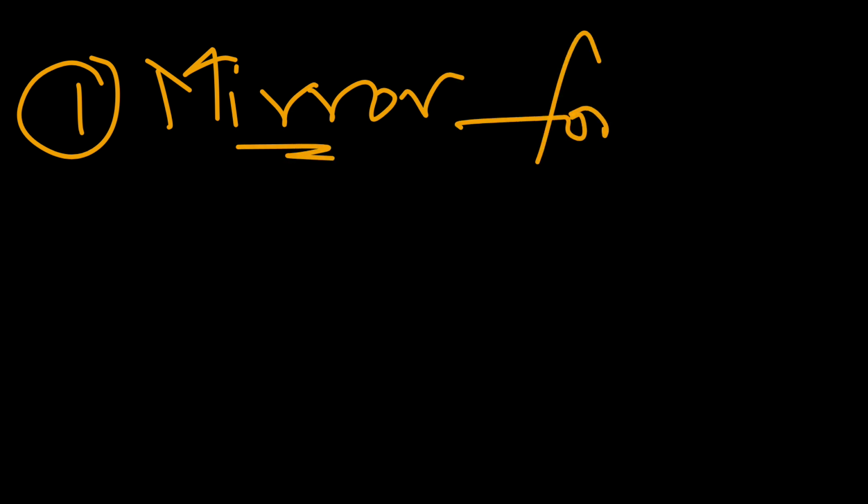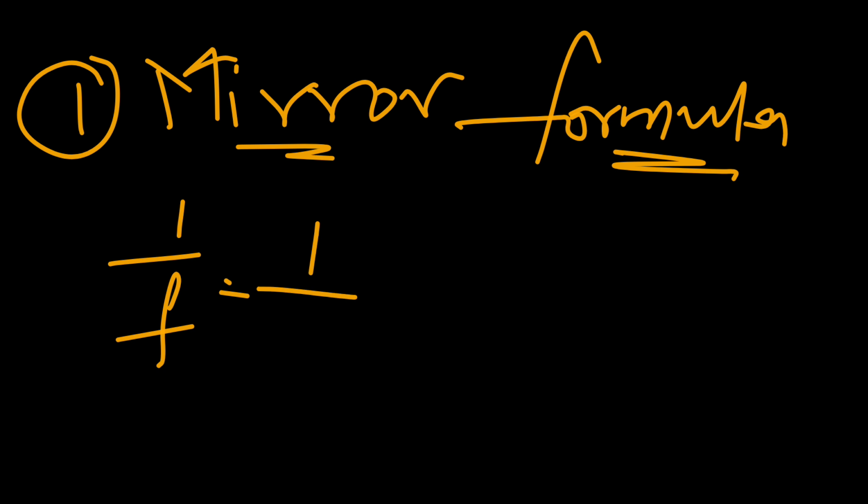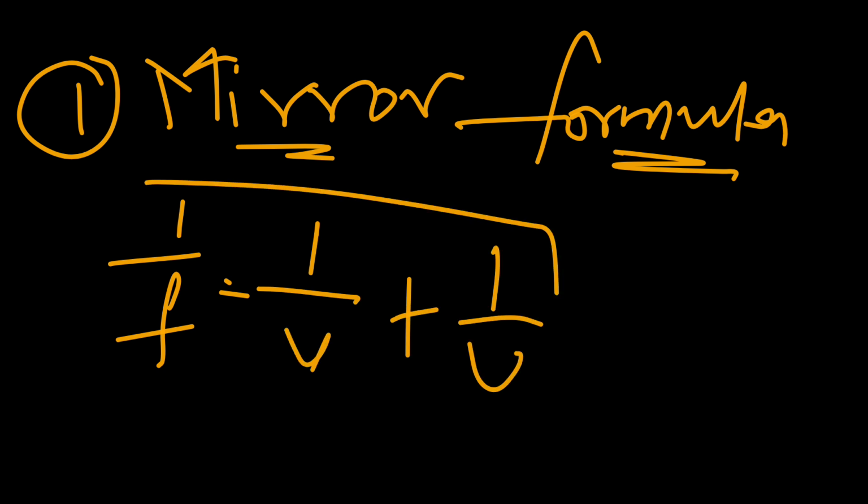Okay, so let's see the most important formula, and that formula is the mirror formula. Which formula is it? Mirror formula. The mirror formula is the relationship between object distance and image distance, along with the focal length. So the formula is 1 by f equals 1 by v plus 1 by u.